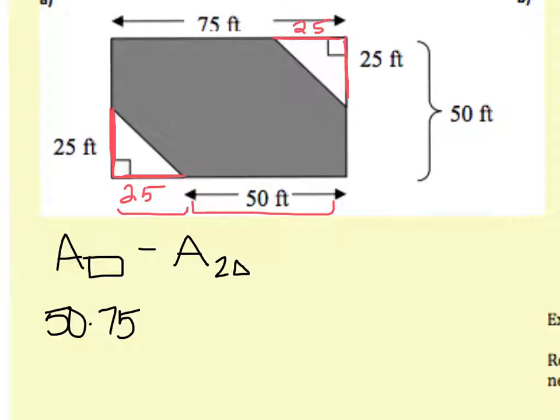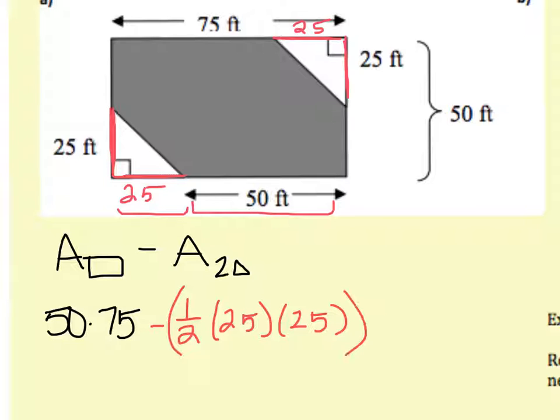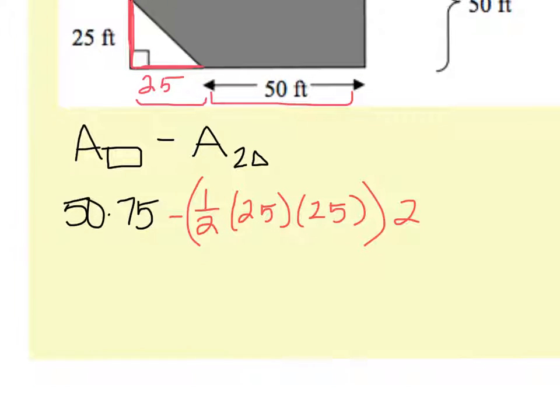So I'm going to find the area of those two triangles. I'm going to subtract 1/2 the base times the height, which is 25 times 25. So that's one triangle, and then I'm just going to multiply it by 2 because there's two of the same triangles. I'm going to put this in my calculator. 50 times 75 is 3,750.